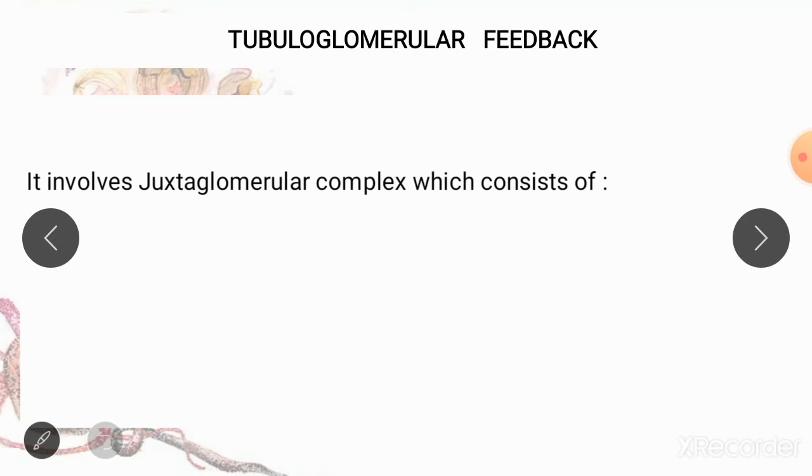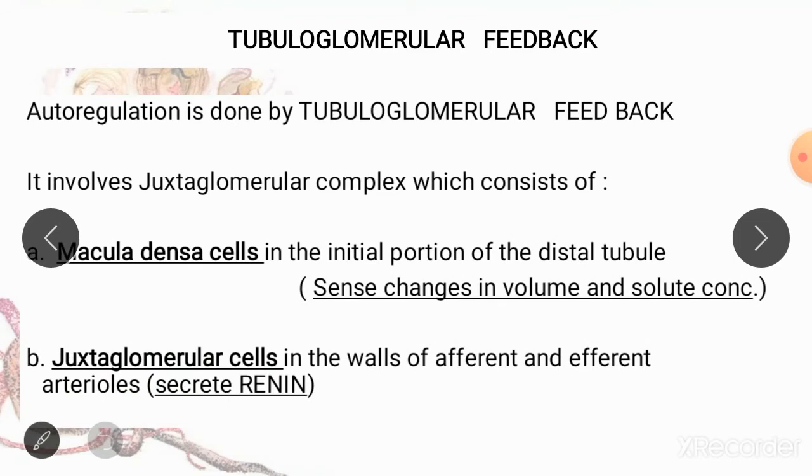It involves your JG complex, juxtaglomerular complex. Juxta means near or close to, or present in the vicinity of. So this complex is present near your glomerulus. This is the reason it is known as the juxtaglomerular complex. It consists of macula densa cells and your JG cells.